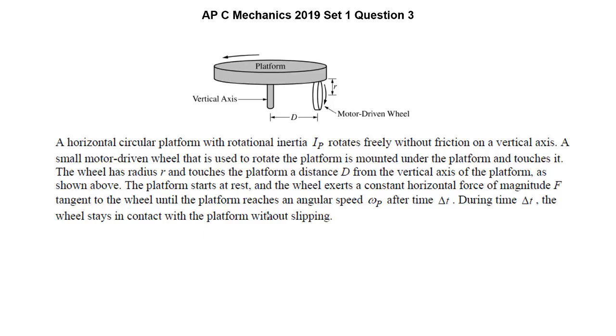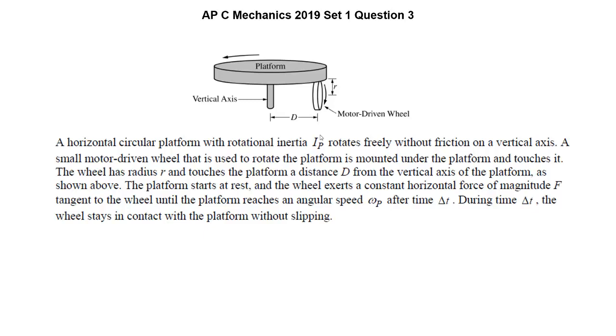If the force is constant and the distance from the axis of rotation to the point of application of the force is constant, then that means the torque is also constant. And when we have constant forces and constant torques, we end up with uniform accelerations and uniform angular accelerations.